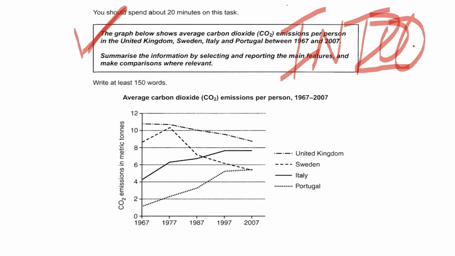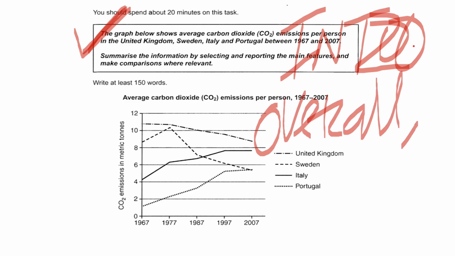After that, we'll write the overall part. In fact, the overall part is the summary part. For that, we will write the trend and exception, as I said here, without providing any data.